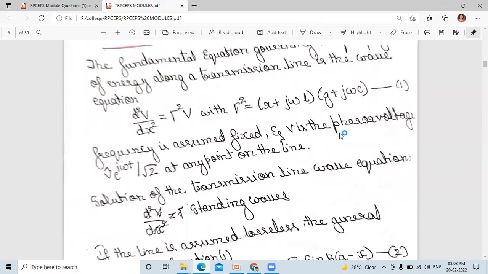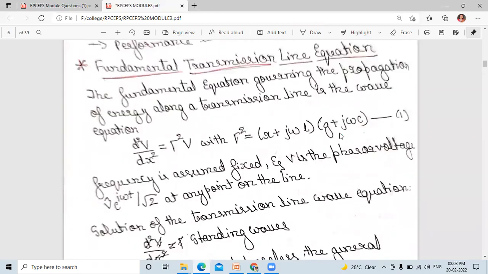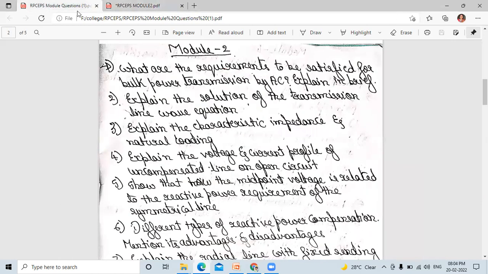Even if they give 10 marks, you need to mention whatever is there. You need to write everything, because the topic is only small, right? If you skip anything, you will get fewer marks for that question. So write it as it is.